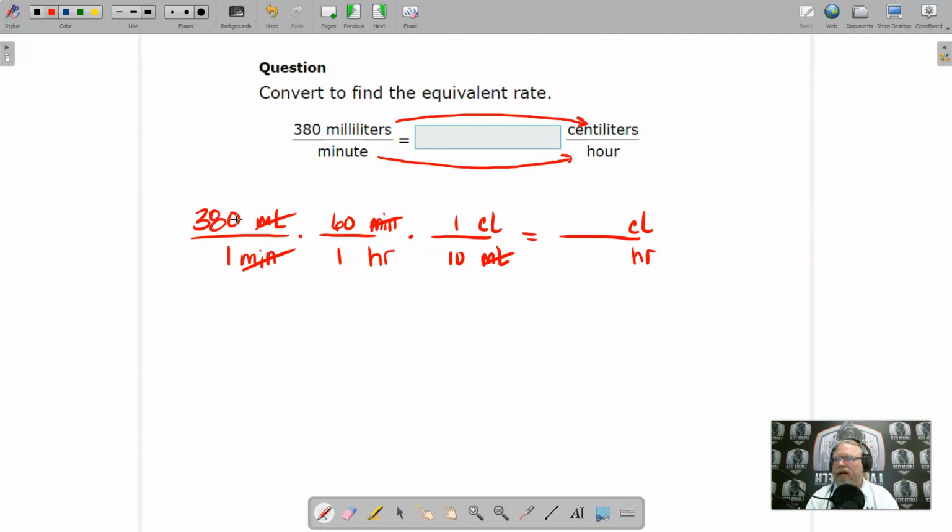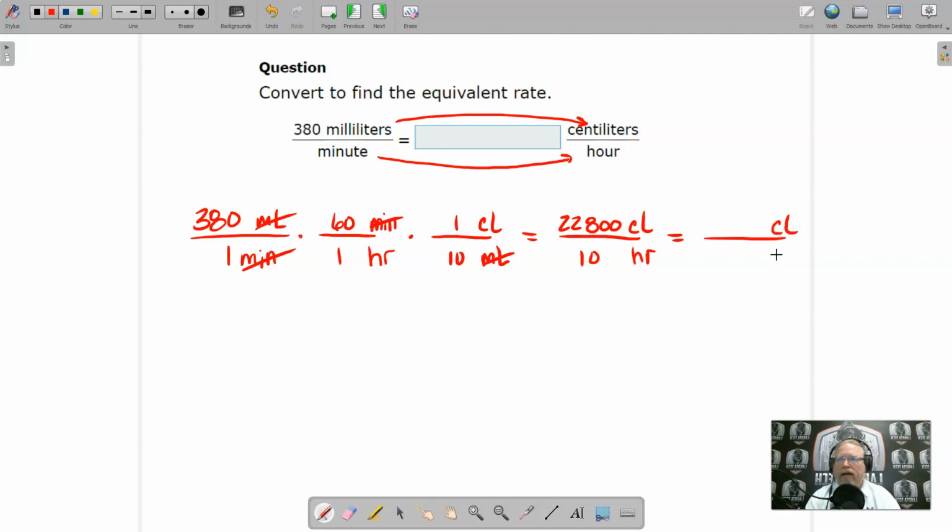So 380 times 60 is going to give me 22,800. And 1 times 1 times 10 is 10. Ooh, I can do this one without any calculator here.